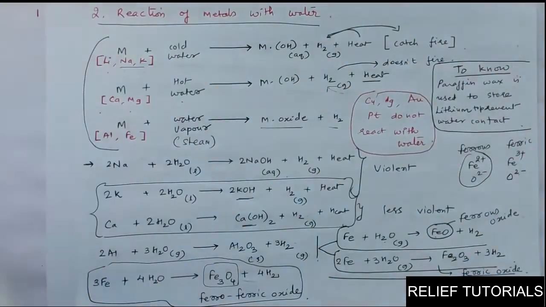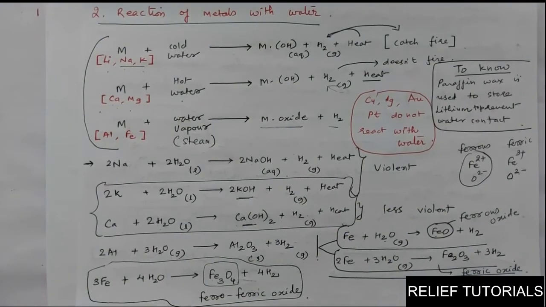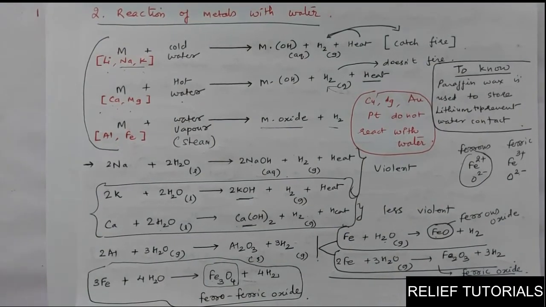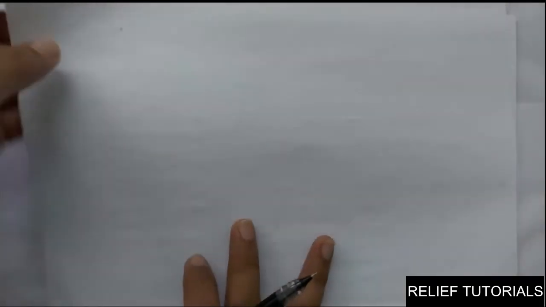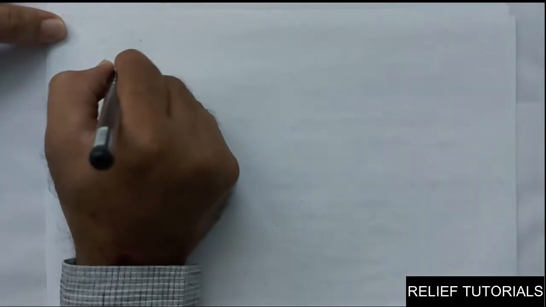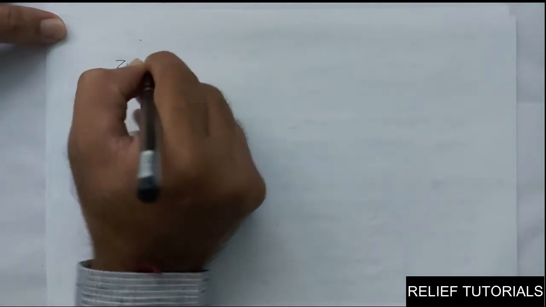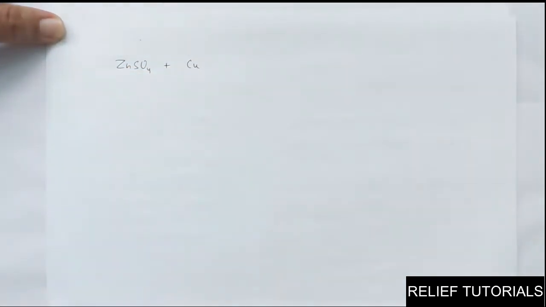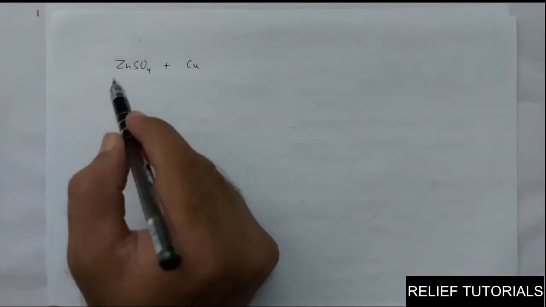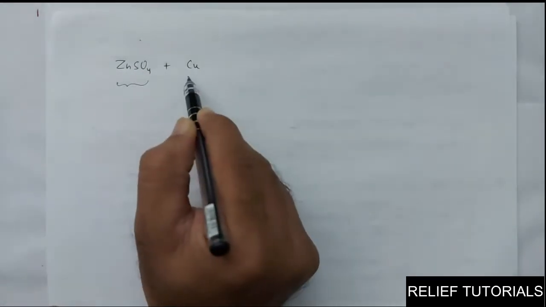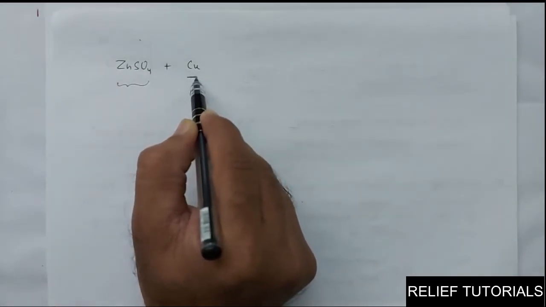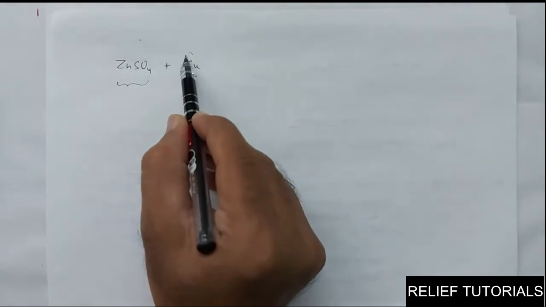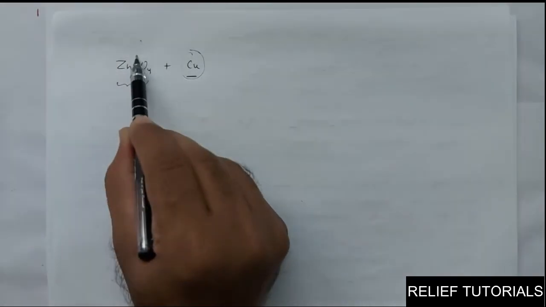When metal A is added to iron sulfate, but before that let me clear one more thing before going towards that question. If I say like this, what happened in this reaction? ZnSO4 plus copper. This is the solution of zinc and copper is added. As per the reactivity series, copper is less reactive than zinc.